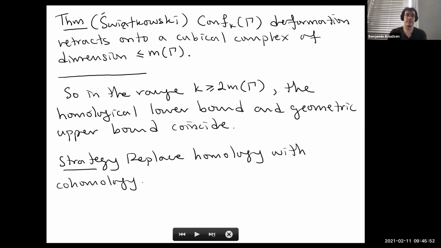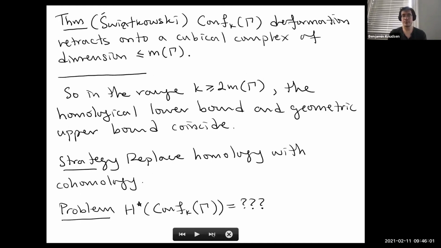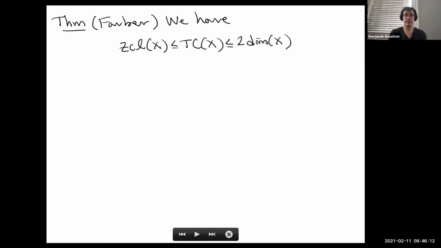And so the strategy is to try to replace homology with cohomology and then win. And the problem with that strategy is that we don't know anything about the cohomology of configuration spaces of graphs. Okay, so that's a little sad.